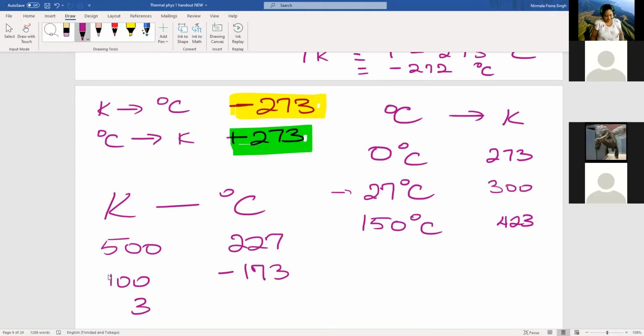3 Kelvin. Minus 270. All right, now just random knowledge. 3 Kelvin is the average temperature of outer space. Outer space is not 0 Kelvin because there's energy left over from all the interactions, all the events that have taken part in the universe so far. That temperature still remains, right?